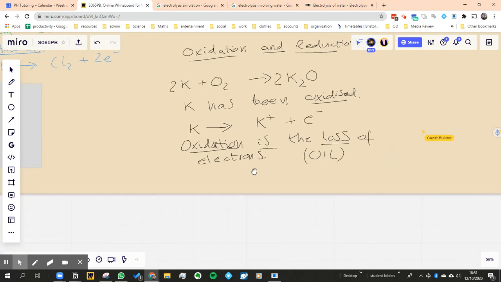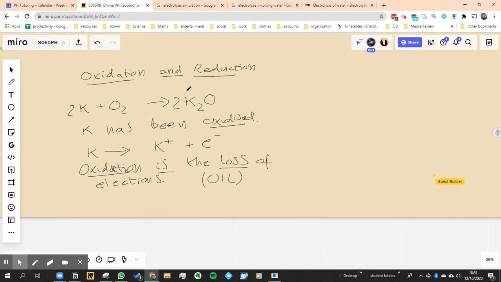Now, if it went the other way around, from potassium oxide back to potassium, we would say it's been reduced. So reduced is like the opposite of oxidation. In that case, it would have gained electrons.